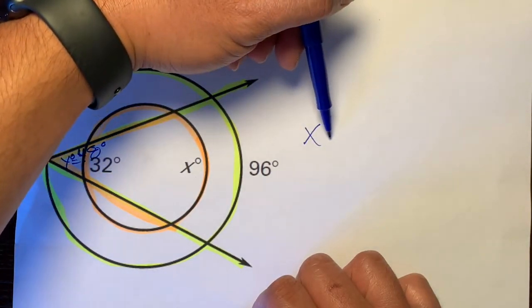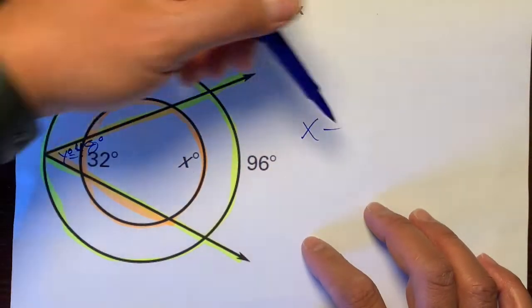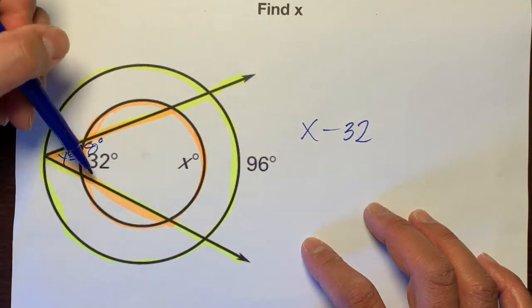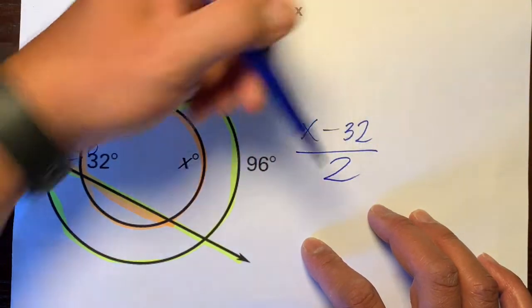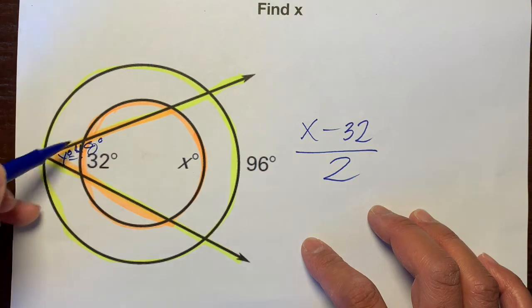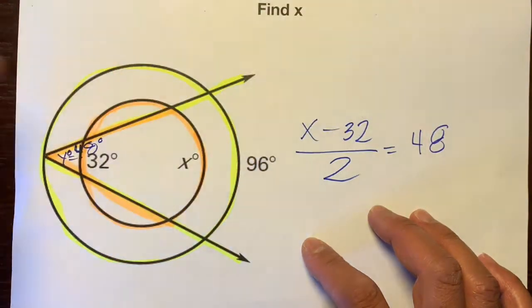That's weird saying, huh? Far arc. So we'll take x and we'll subtract 32 from it. So far minus near, and we'll divide it by 2 and set it equal to the measure of this angle, because it's on the outside of this circle right here, which is 48 degrees.